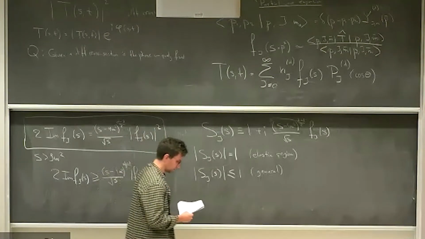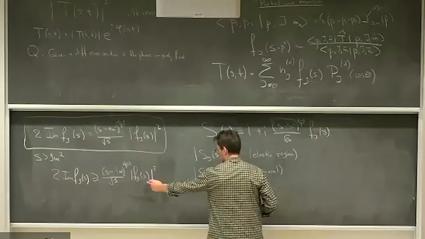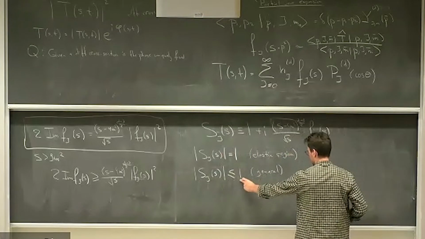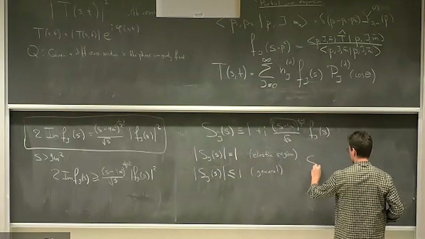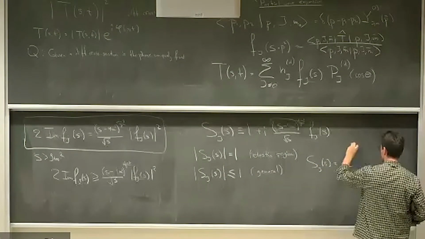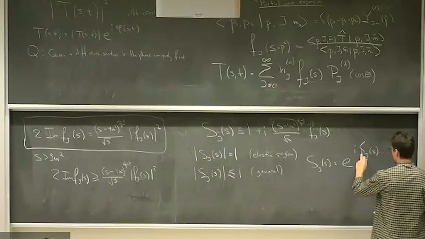Now, let me introduce yet another formula, which is another way to solve this unitarity. One easy way to solve unitarity is to write S_J(s) in terms of some phase shift, delta_J(s).